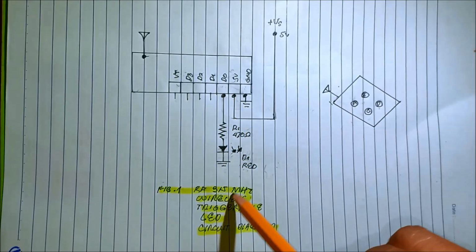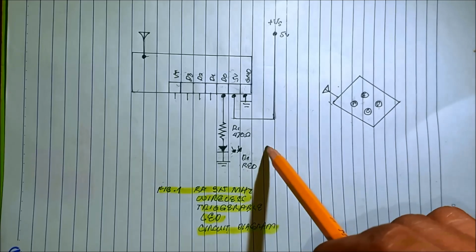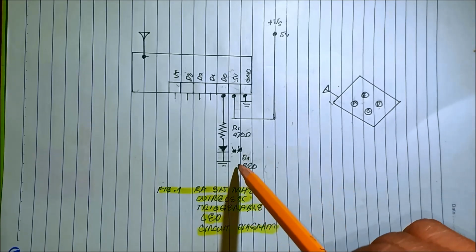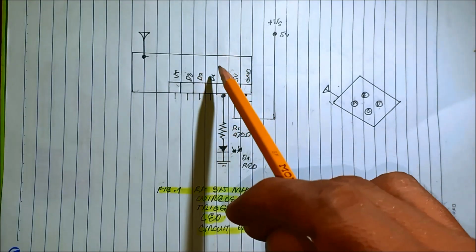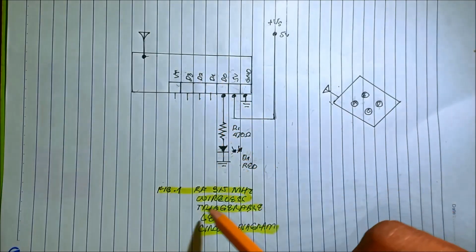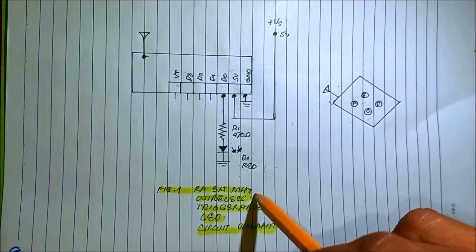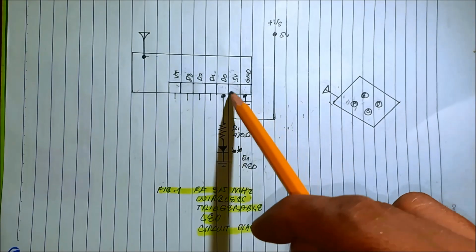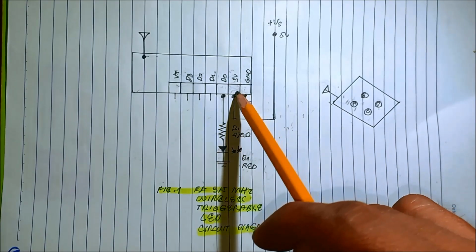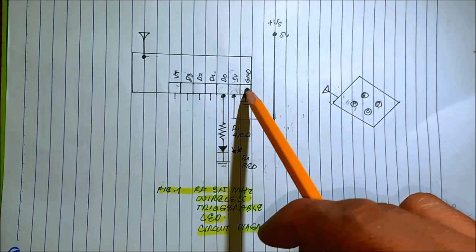This 315 MHz is a radio signal. So we're using a radio frequency of 315 MHz. 5 volts is connected to the 5 volts pin out, and then ground to the ground.